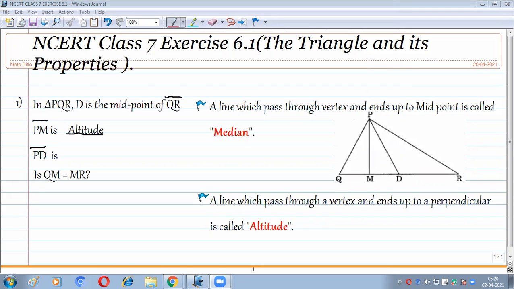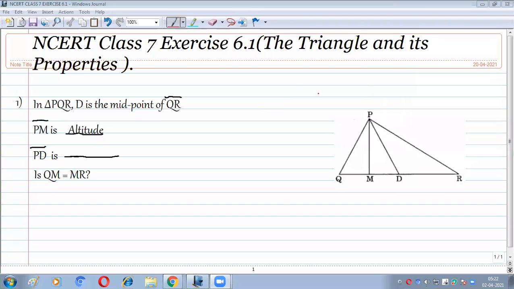A line which passes through a vertex and ends at a midpoint is called a median. And a line which passes through a vertex and ends at a perpendicular is called an altitude. So this is the definition of median and altitude. Just pause my video if you have not written it, and then you can write. Now I'm moving forward.